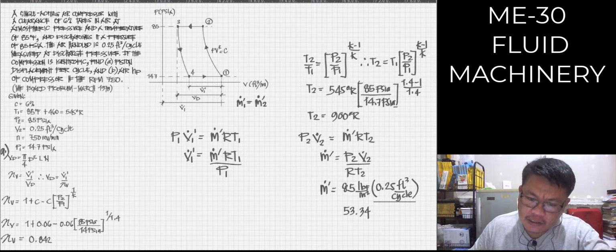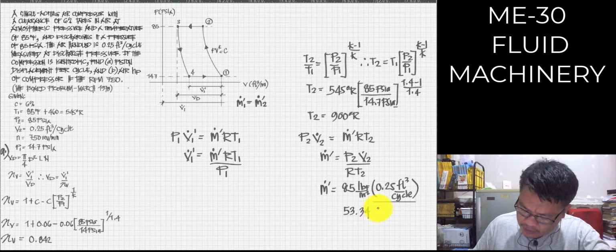So the units of that will be foot pound force per pound mass degree Rankine, close parenthesis, then multiply by T2, which is 900 degrees Rankine.